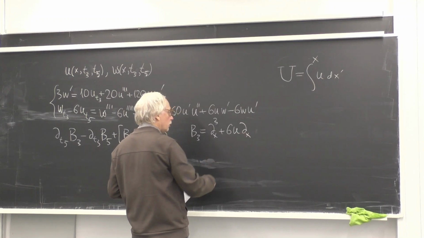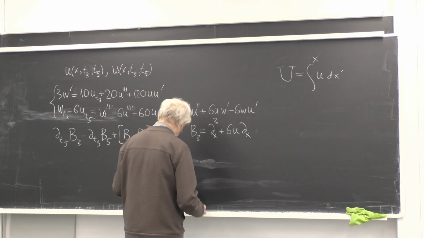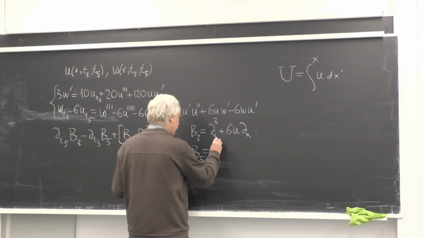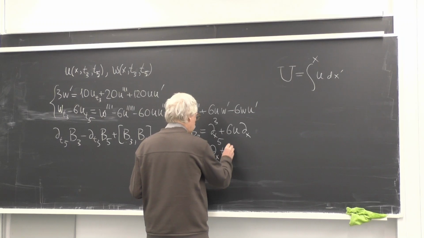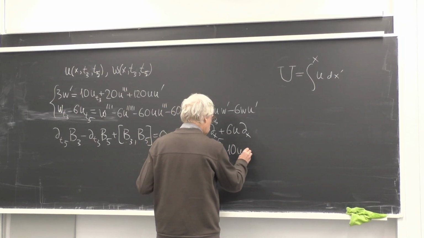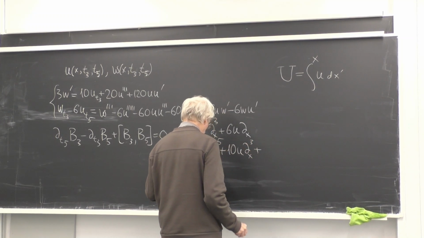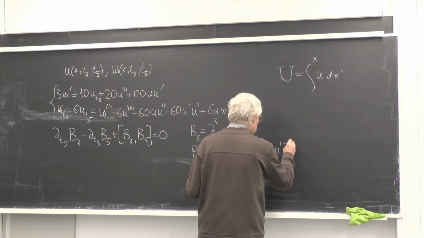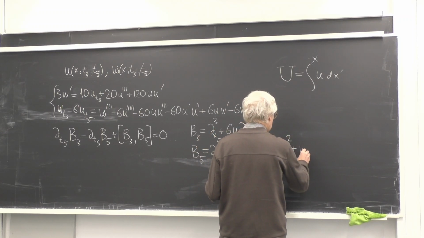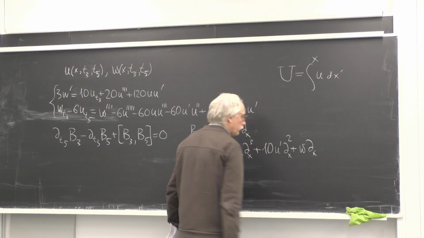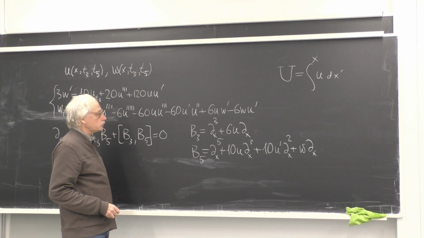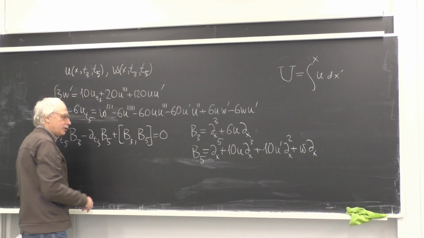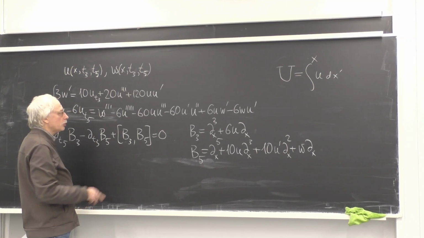So this operator kills constant functions. And B5 is a fifth order operator. And again, the constant term is 0. If you substitute them into this equation, you get this system.